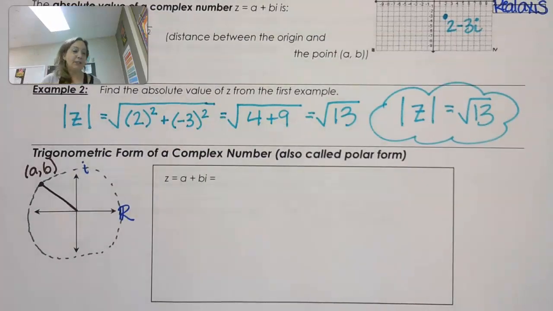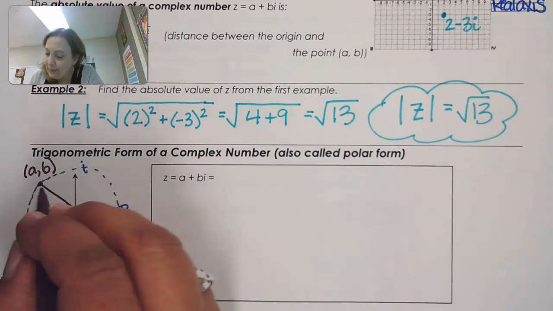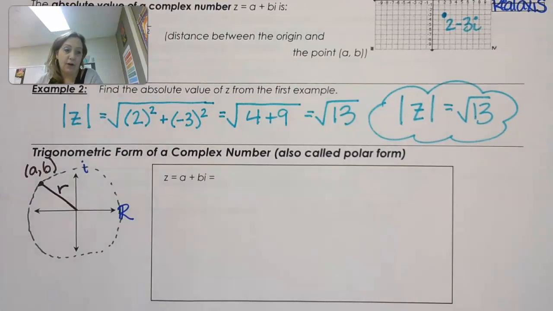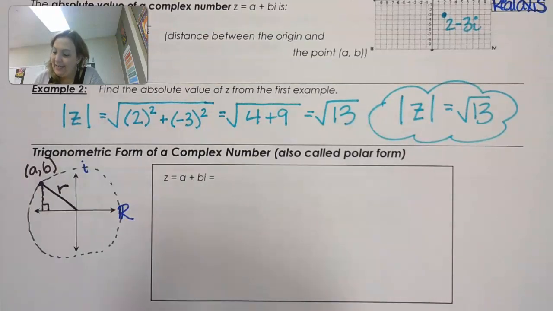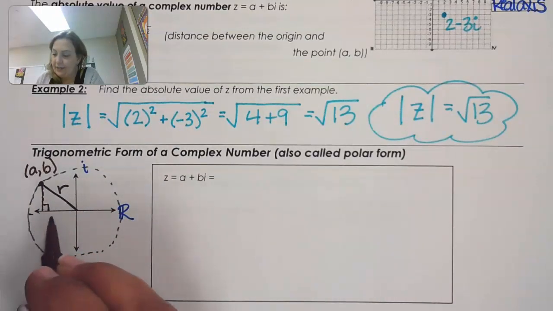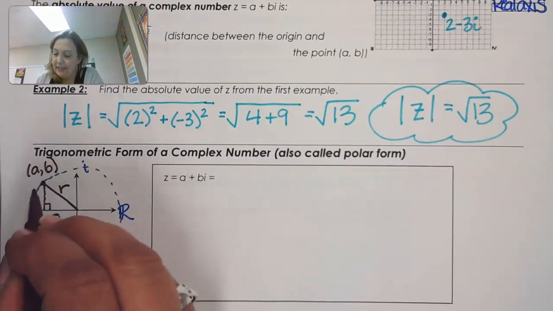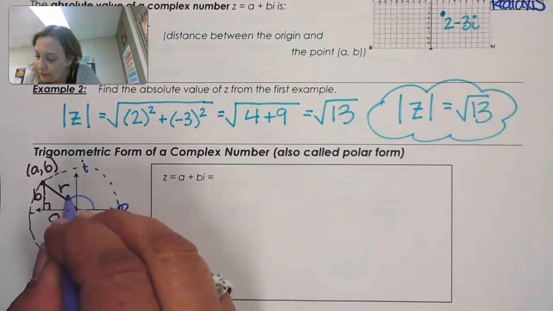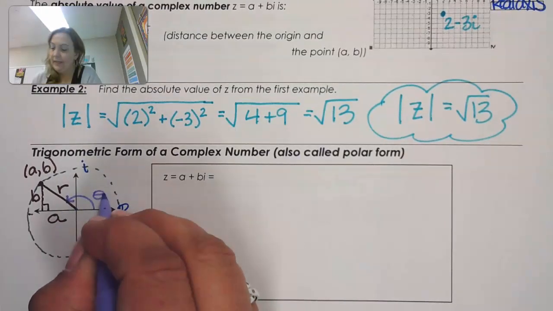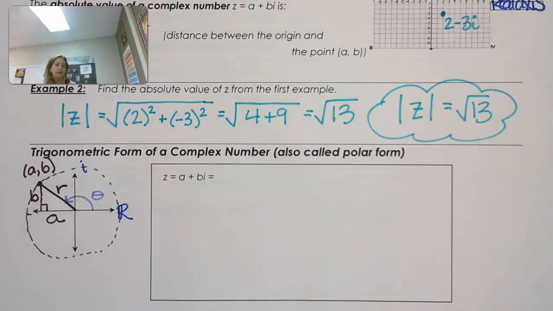If we call this radius r, I can drop this down, and I know that to get from here to here is going to be a, and here to here is going to be b. The other thing I want you to notice is where that lands. This is going to be a specific number of degrees or radians, theta, away from that real axis.